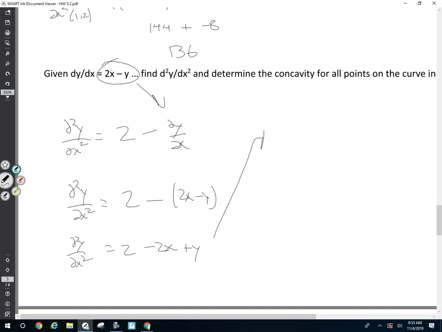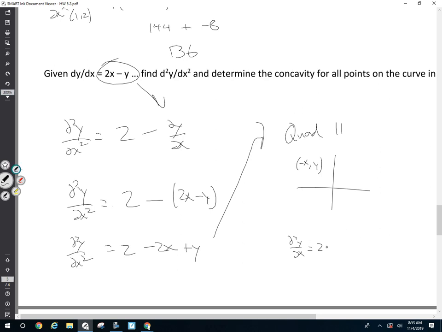Okay. In quadrant 2, let's think about quadrant 2. The x's are negative, the y's are positive. If the x's are negative and the y's are positive, my second derivative will be 2 plus a positive plus a positive. And the second is positive because it's negative 2 times a negative.